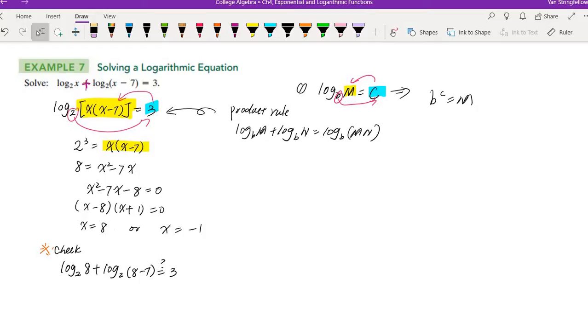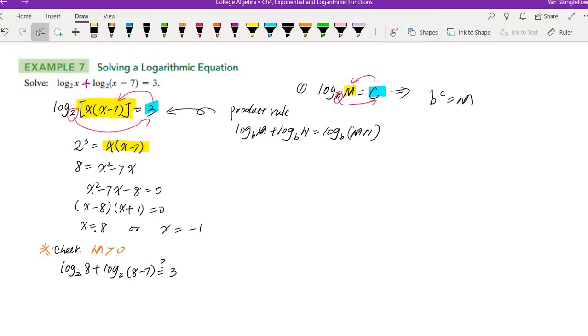Again, if you want to check this until the end, that's fine, but at least you have to check if the m is greater than 0 or not. Okay, so in this case, our m, this piece, 8, is greater than 0. We also look at 8 minus 7, which is positive, greater than 0. So this actually is fine, right? It satisfies the m greater than 0 condition.